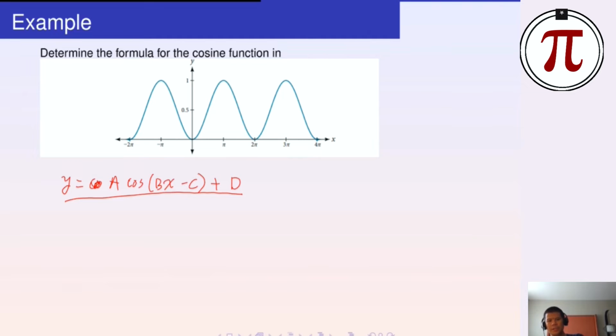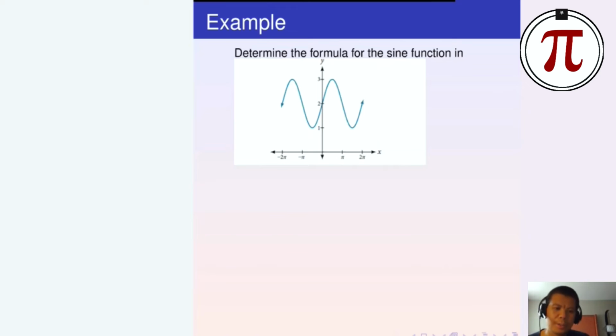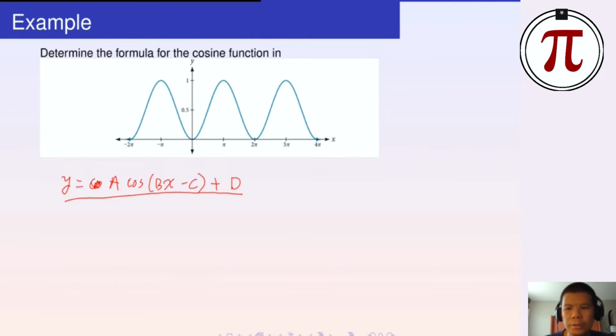Now, how to find this cosine function? We can do the following steps. The easiest one is to determine the value for d.